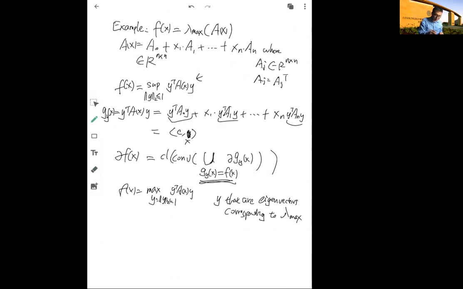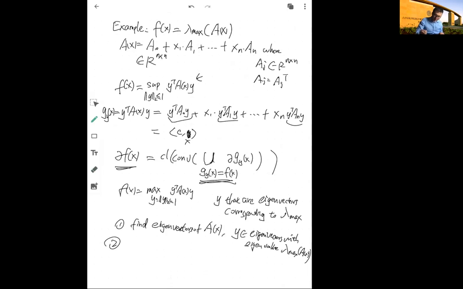Then the evaluation of the subgradient becomes easy. Algorithmically, the first step is to find an eigenvector of A(x): let y be any eigenvector with eigenvalue lambda max of A(x).